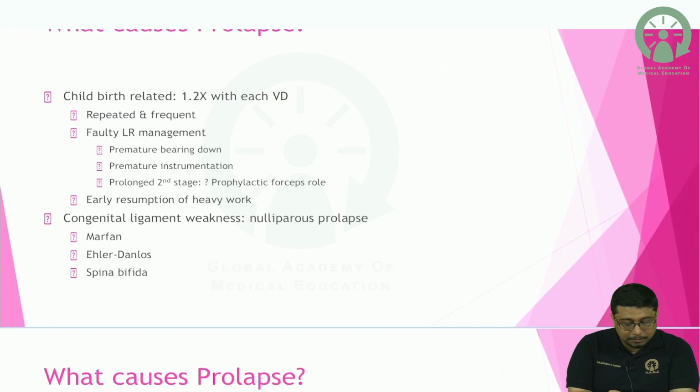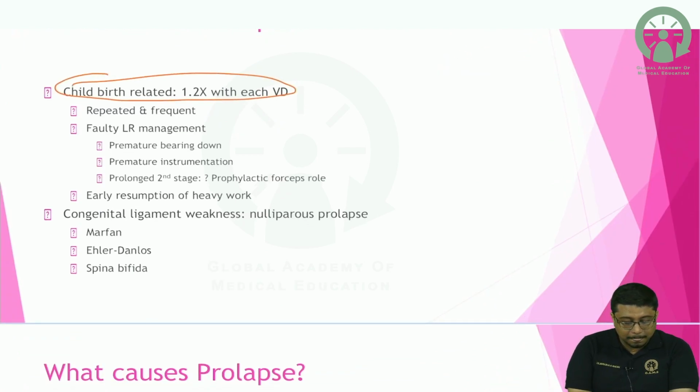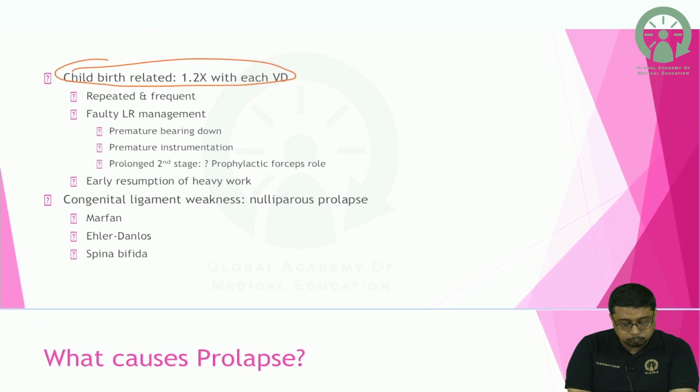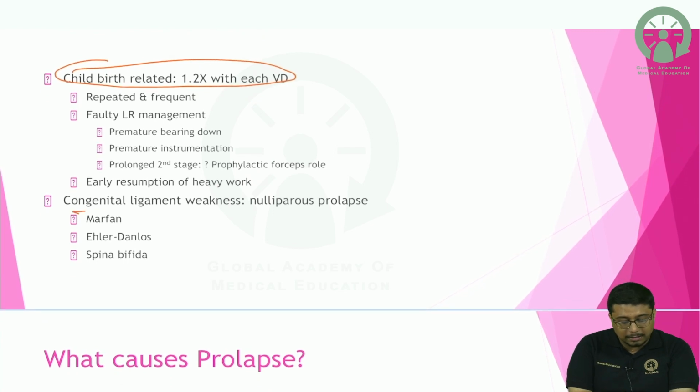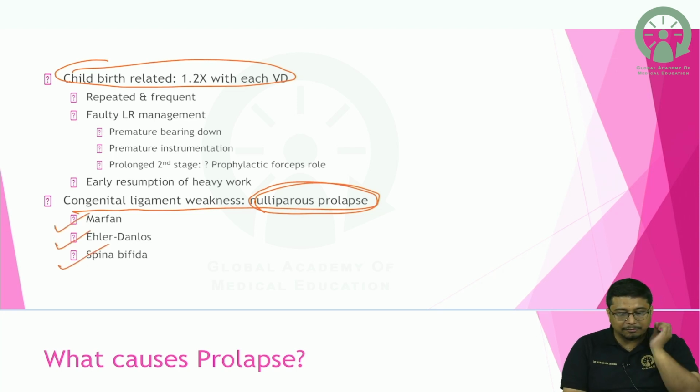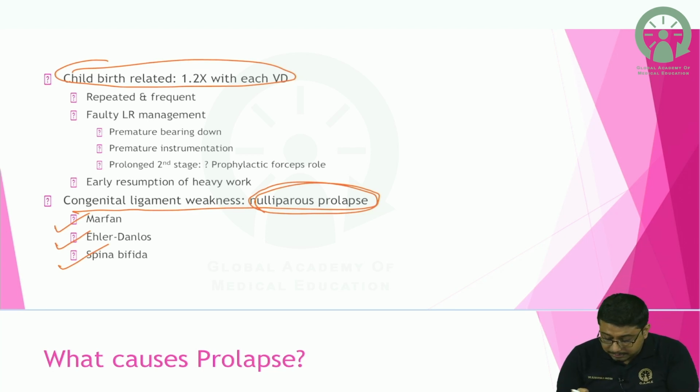Okay. So prolapse can be childbirth related, or it can be related to chronic ligament weakness, especially nulliparous prolapse. Okay. So Marfan syndrome, Ehlers-Danlos syndrome, spina bifida, all these are to be investigated or looked for in case of nulliparous prolapse.